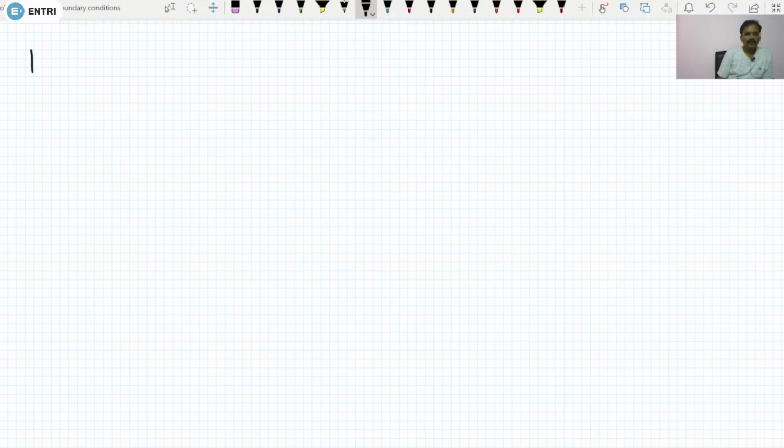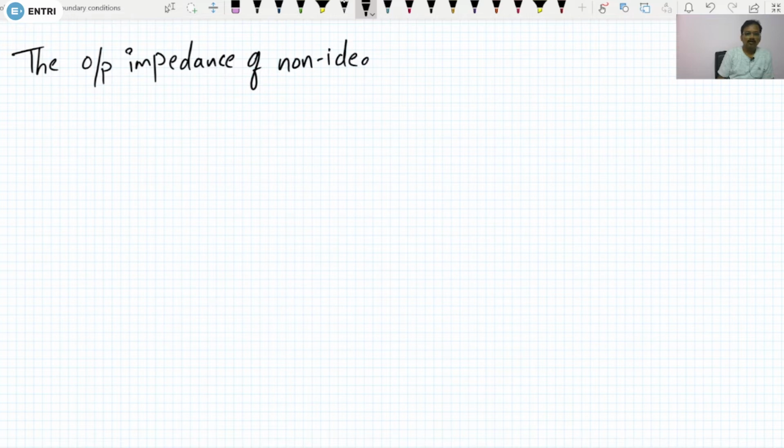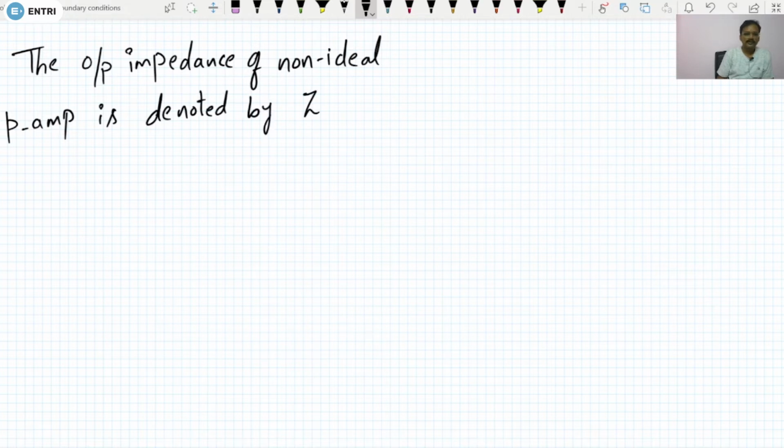the output impedance of a non-ideal op-amp is denoted by Z out.